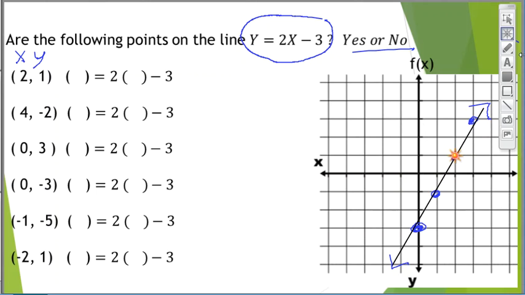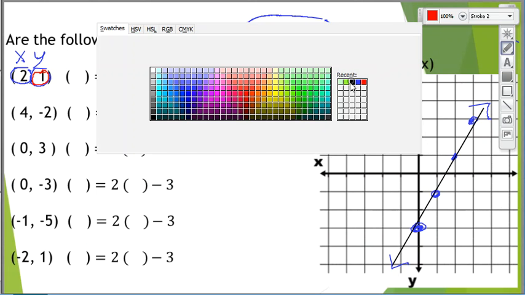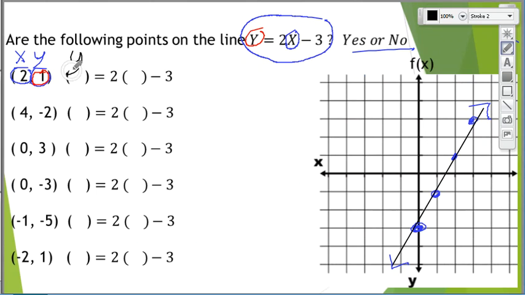But if you didn't have the graph, another way you can decide if it's on the line is you can plug the x in for the x in your equation, and you can plug the y in for the y in the equation, and if it makes the equation true, we would say it's on the line. Okay, so I've created some spaces here so we can plug in some values.